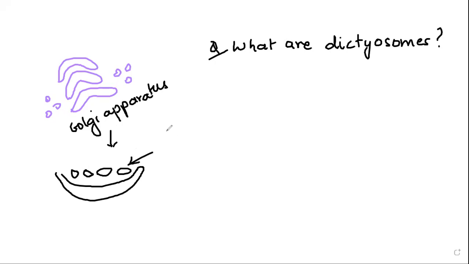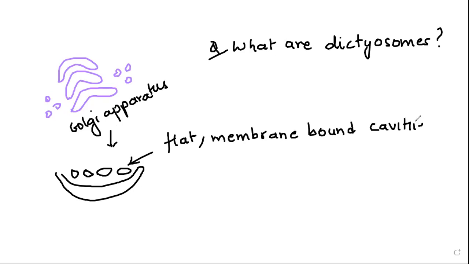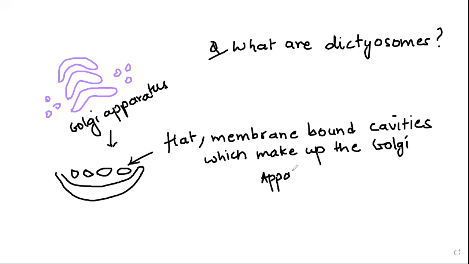These flat membrane-bound cavities which make up the Golgi apparatus are what are known as dictyosomes.